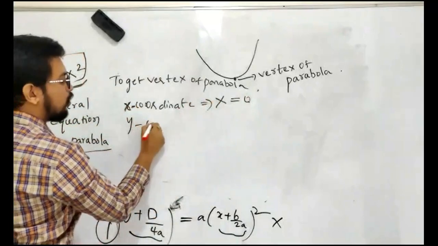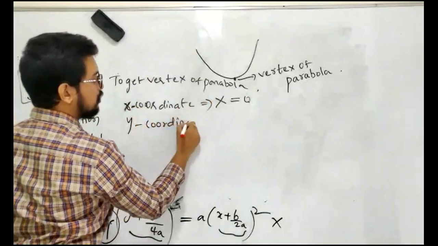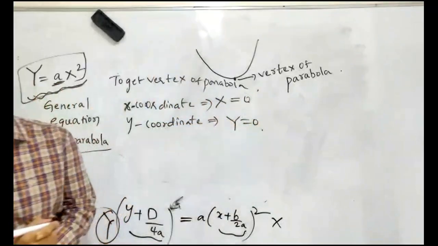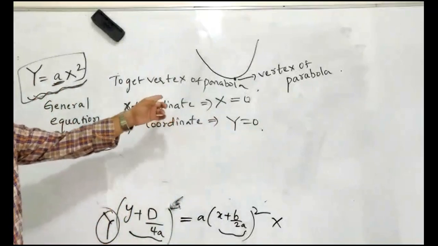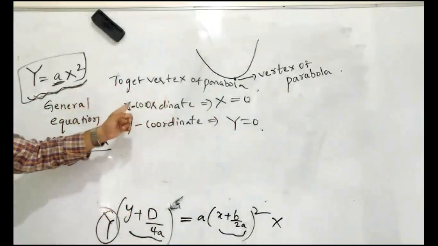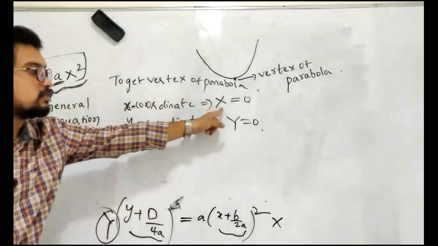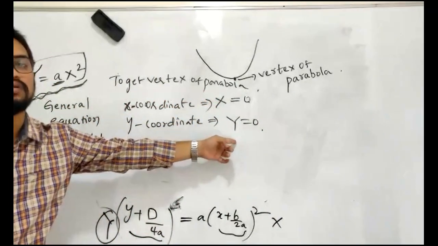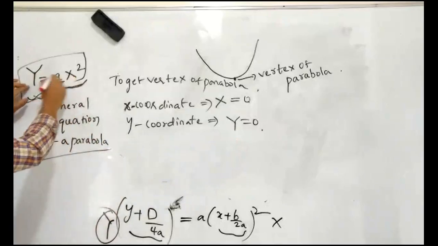For getting the y coordinate, equate capital Y to 0. So to find the vertex of the parabola, for getting the x coordinate, equate capital X to 0, and for getting the y coordinate, you equate capital Y to 0. So this is your capital X and this is your capital Y.